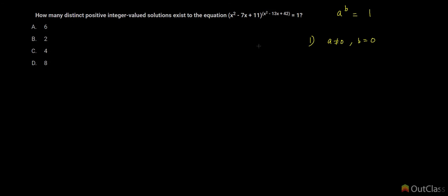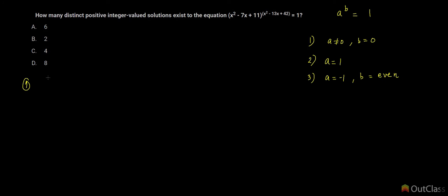Anyway, it's not going to be equal to 1. 2 is when a is 1 and b can be anything. And 3 is when a is minus 1 and b is even. Minus 1 raised to any even integer is going to be plus 1. So you have to look for these cases separately.